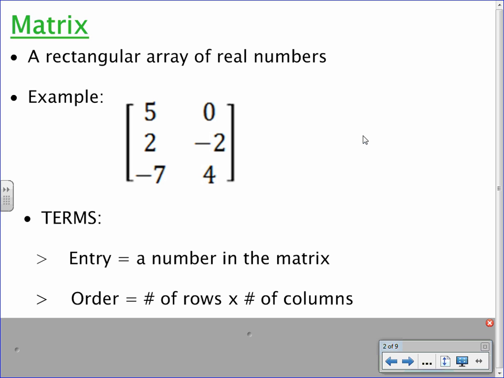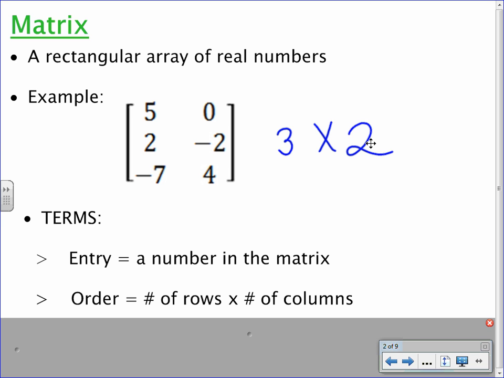So this is a 3 by 2, because there's 3 rows and 2 columns. 1, 2, 3 rows, 1, 2 columns. Order becomes very important when we do operations with matrices on Friday.